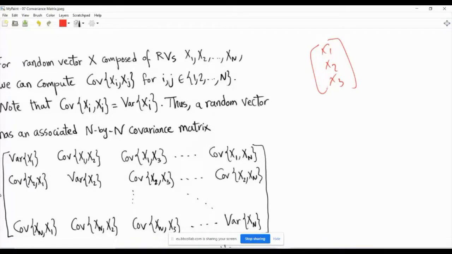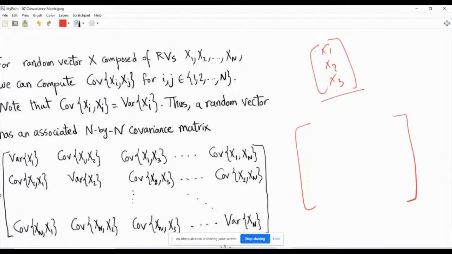Again, covariance, by definition, is something that can be computed for two random variables. You subtract the mean of the first from the first. You subtract the mean of the second from the second. You multiply, and then you take expectation. So for random vectors, what we can do is that we have this concept of a covariance matrix. And the covariance matrix here for those guys is a matrix that looks like this.